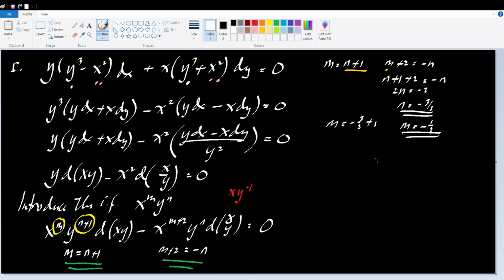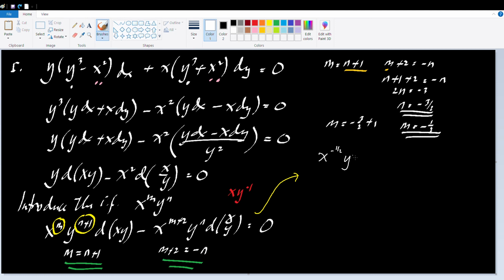So, our equation will now become x raised to m, negative 1 half, y raised to n, negative 3 halves, plus 1 is negative 1 half. Okay, let me write it down.